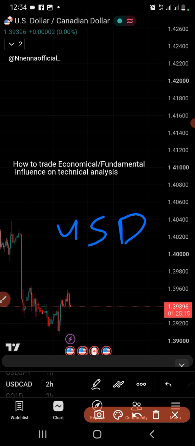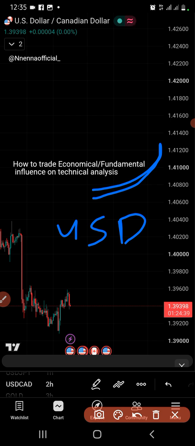Now, when it comes to how to analyze the economic and fundamental influence on USD and then apply it to technical analysis, these are what are involved. First off, each currency has major economic indicators that tell us if the economy is going weaker or stronger.